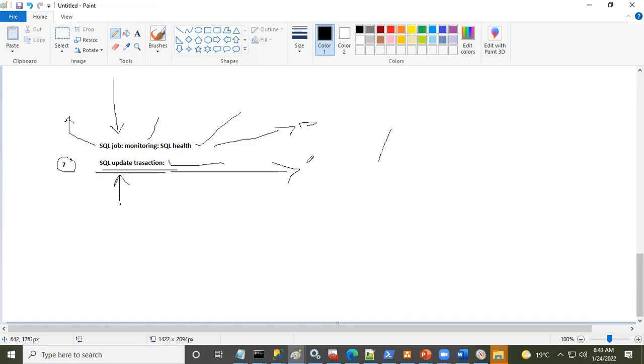Then the next time a deadlock situation occurs, instead of the update transaction, the job will be killed. This is okay, since it is just monitoring your health check. It is okay to kill, but it should not kill the update transaction.